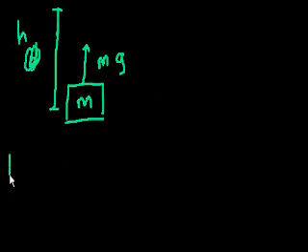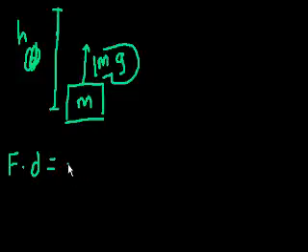So in this case, the force times the distance is equal to, well, the force is mass times the acceleration of gravity. And remember, I'm pushing with the acceleration of gravity upwards, while the acceleration of gravity is pulling downwards. So the force is mass times gravity, and I'm applying that for a distance of h.